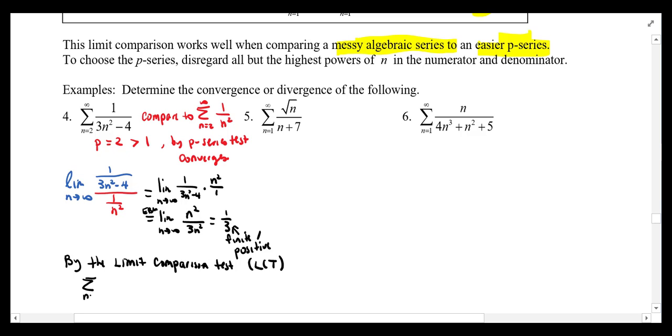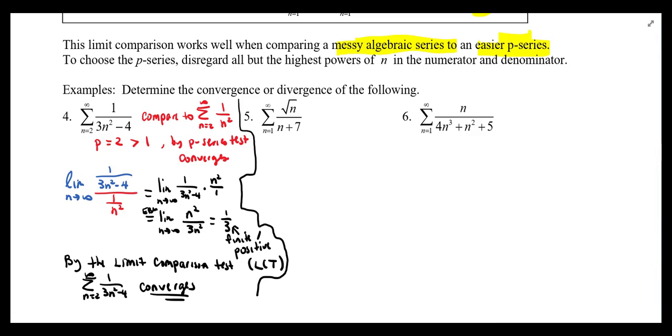The sum from n equals 2 to infinity of 1 over 3n squared minus 4 converges, right? Because it follows the 1 over n squared term. Okay? All right, you got the idea? Let's see if you can figure out number 5 and also number 6. I think you can do this yourself, but if you're not too sure, I'll walk through it with you. If you are sure, try it yourself first.